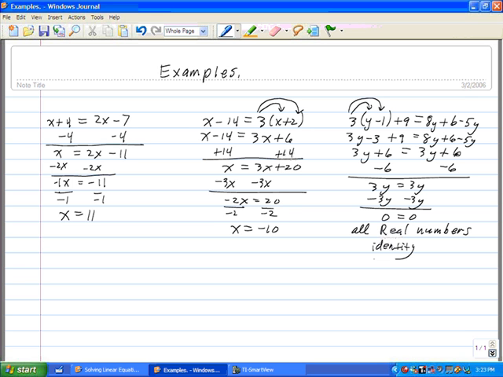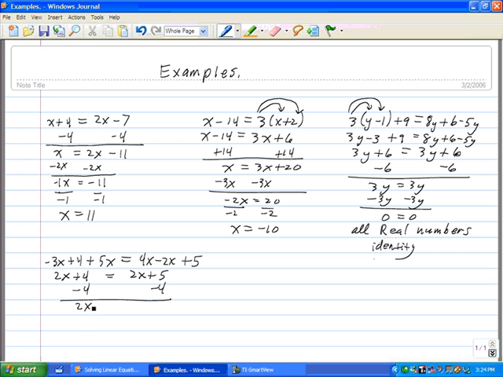And a contradiction, let's look at an example of what could turn out to be a contradiction. If you had something like negative 3x plus 4 plus 5x equaling 4x minus 2x plus 5, and we start combining like terms, we would get 2x plus 4 equaling 2x plus 5, and when we tried to move the 4 over, we would subtract 4.